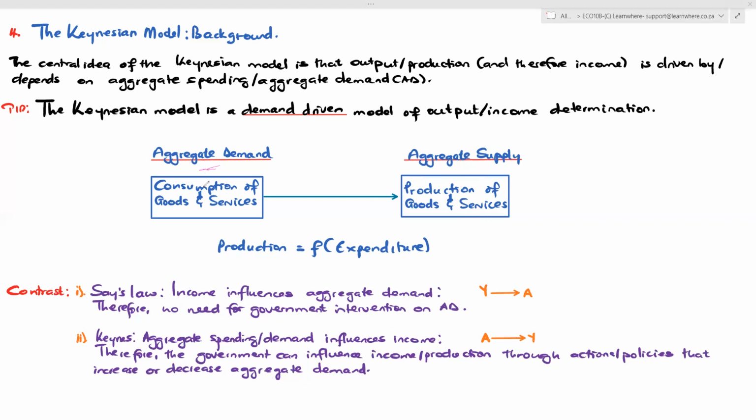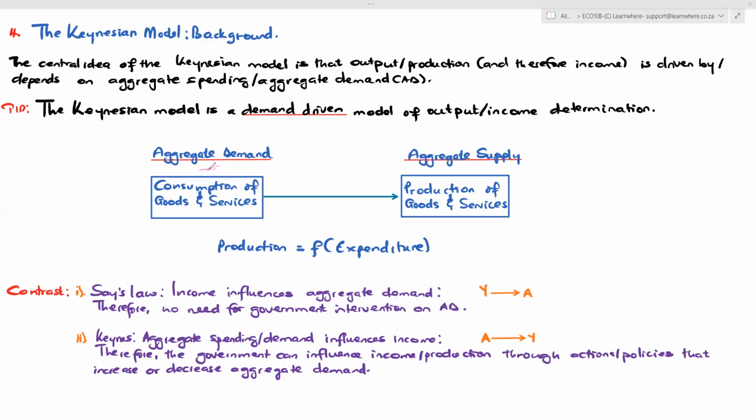But according to the Keynesian model, no, that's not the right approach of looking at things. You have to look at the relationship between production and expenditure from the expenditure side. And I think this is similar to what happens nowadays, because when you look at how businesses operate, before you produce anything, you write a business plan.